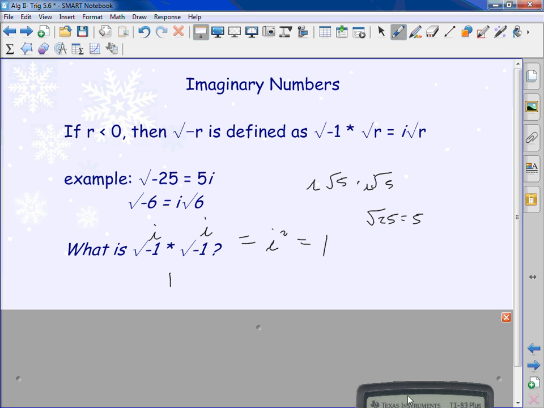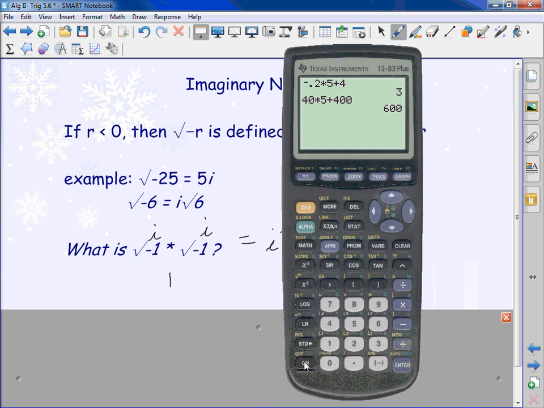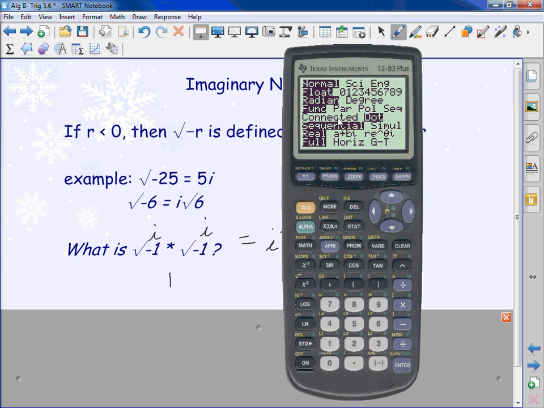All right? You can change your calculator into imaginary. Right now, if I take the square root of negative 25, it says error. But if I go into mode, down here, real. Those are real numbers.